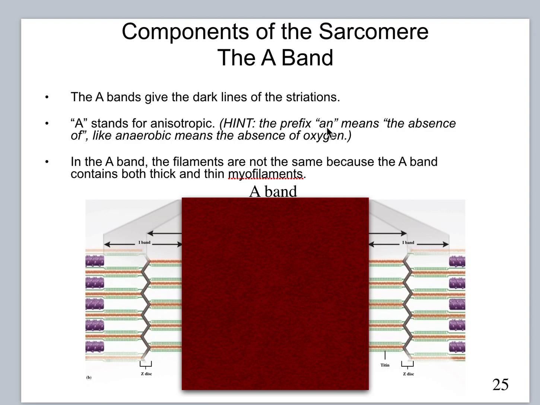The prefix "an" in front of a word means the opposite of, like anaerobic is without oxygen, just like aerobic is with oxygen. So anisotropic means the opposite of isotropic. Opposite of one is not one, you could think. So the anisotropic band has more than one filament. It has the thick filament and part of the thin filaments in it. So that's why they call it A band. I'm trying to make some sense of how these letterings came about. Hopefully this makes sense.